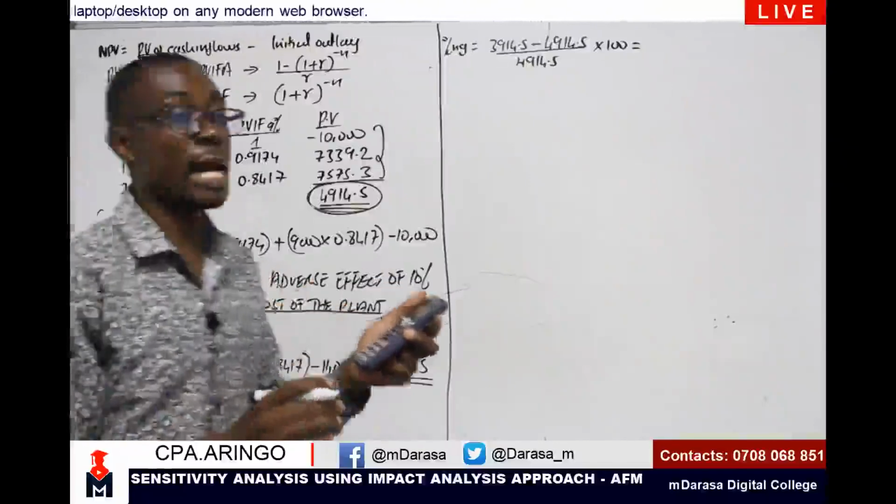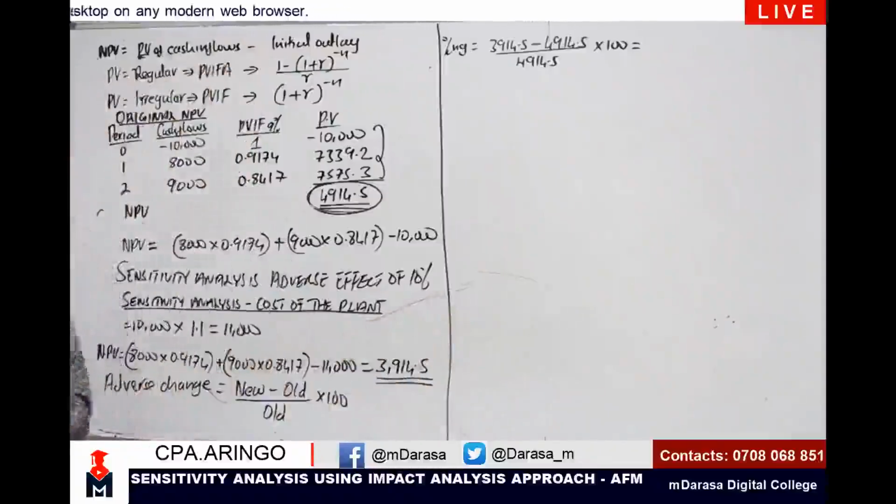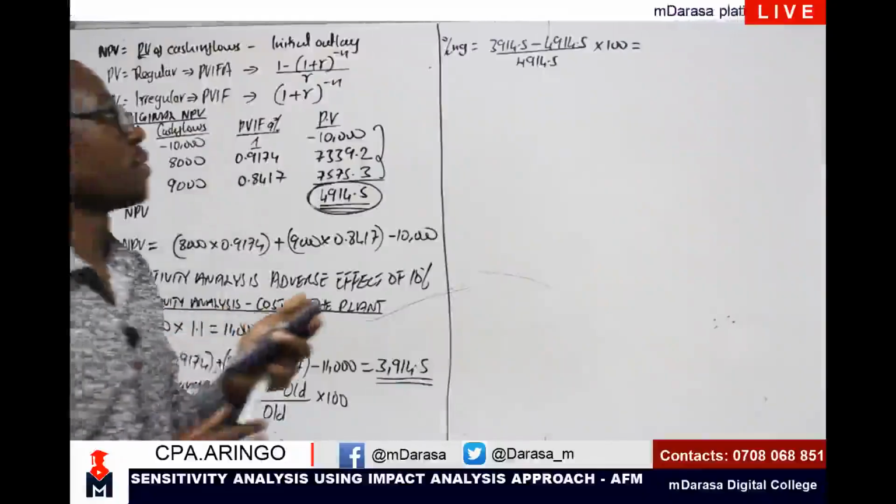This should give us an adverse effect of minus 20.35%. That is what Mwalimu is getting, which you can confirm with what you are having. I'm having 20.35%.